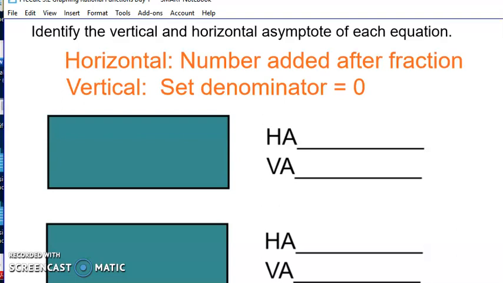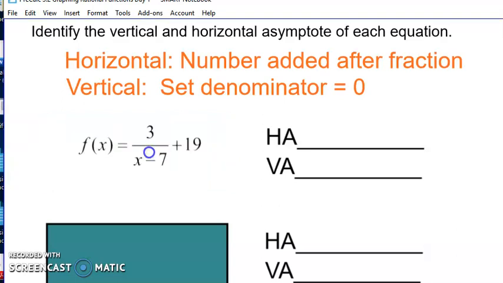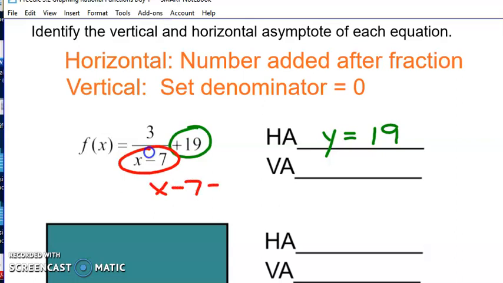Okay, so how do we figure out, if we're given an equation, what the horizontal and the vertical asymptotes are? If we have an equation, the horizontal asymptote is just the number added after the fraction, which is 19. So we have a horizontal asymptote of 19. The vertical asymptote, if I set this denominator equal to 0, I get 7, and that is the vertical asymptote.